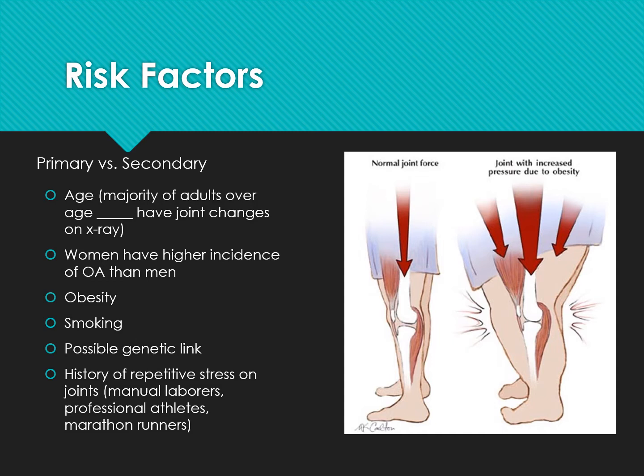For some secondary causes, we have obesity, smoking, people who have repetitive stress on particular joints, such as manual laborers, people who are on their knees, maybe even our athletes. Our pitchers oftentimes will end up with osteoarthritis in their pitching arm.